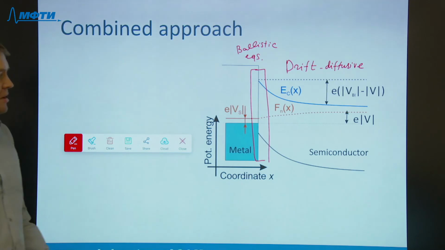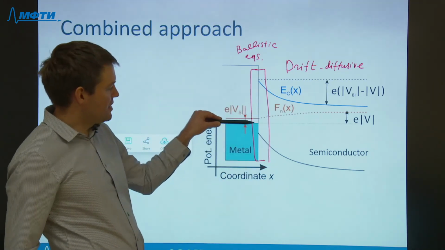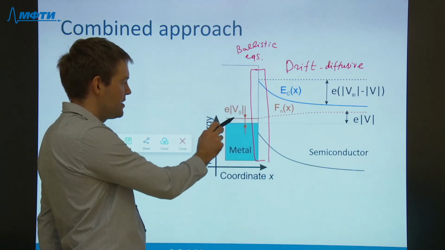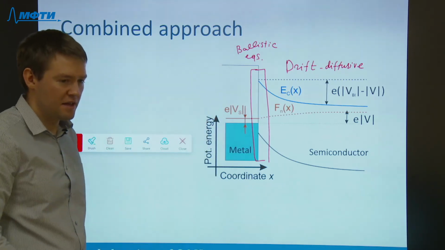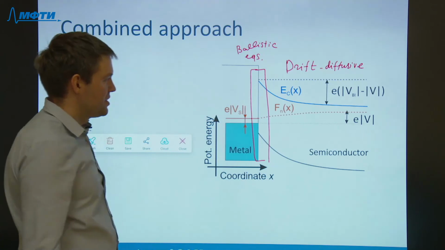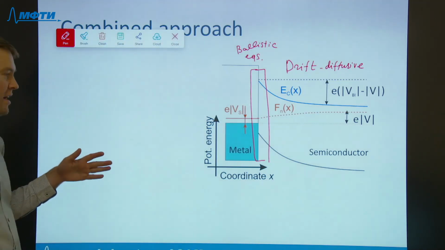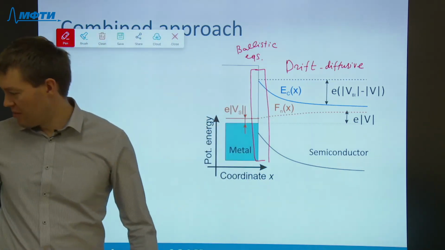In this model, we don't assume that the Fermi level drops exactly to 0 at the surface, but it drops to some finite value of surface Fermi level, EVS. This value of EVS modifies both the expressions for the drift-diffusive current and for the ballistic current.